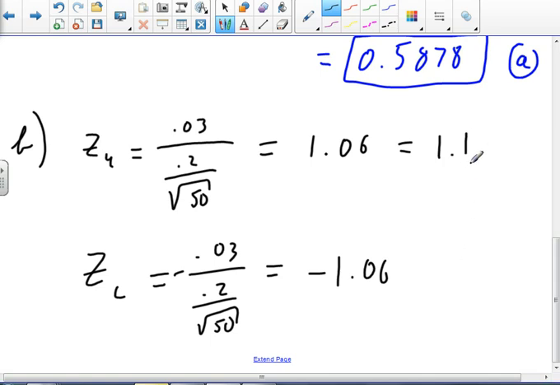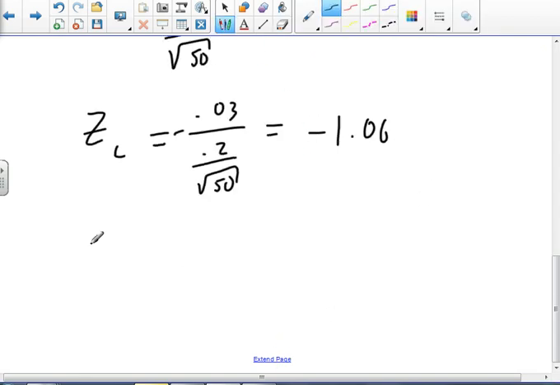Well, we might have those. Yeah, we have both of those. All right, so those would be okay to keep. We don't have to round them up. So now I want the probability of upper Z minus the probability of lower Z.